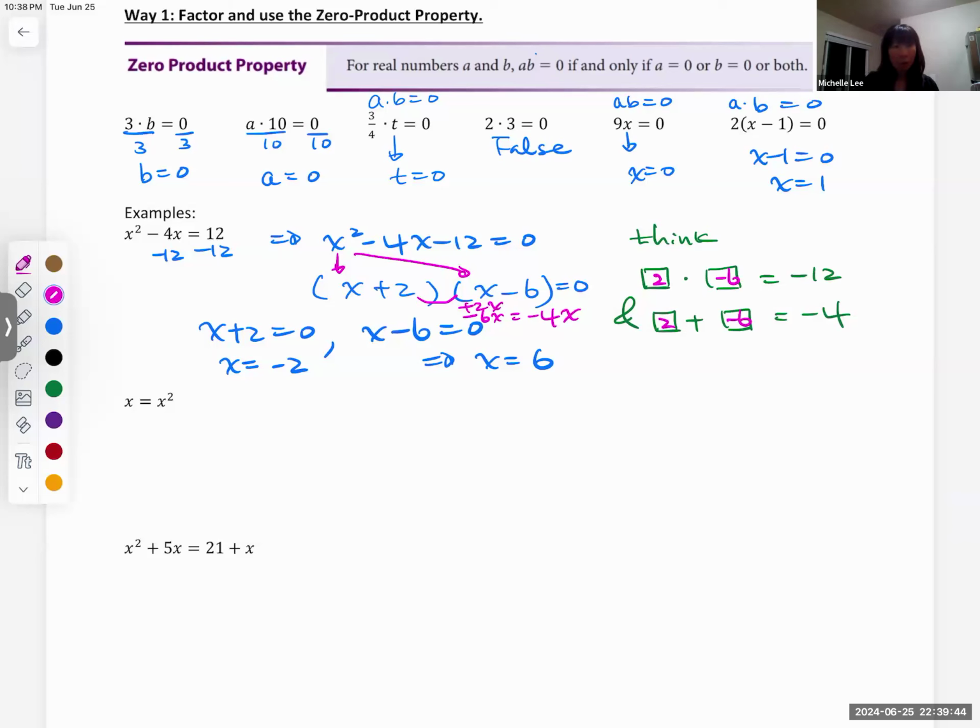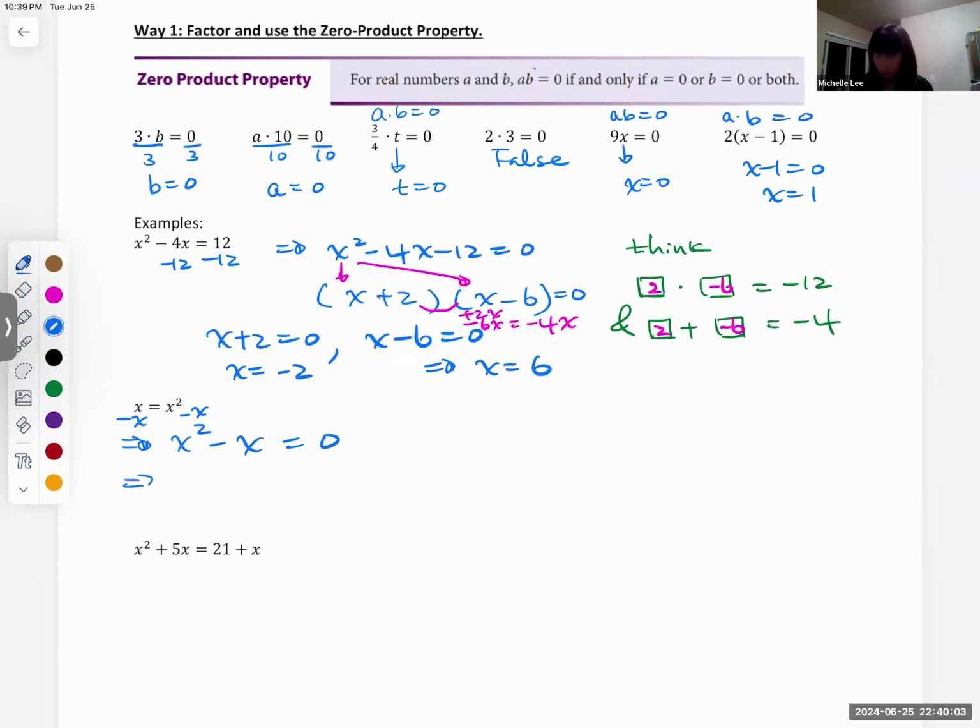Okay. Next, we have x squared equals x. We subtract x from both sides, then there will be x squared minus x equals 0, right? Then how do you solve? There will be a common factor, x. If we factor out x, that means we divide every term by x.